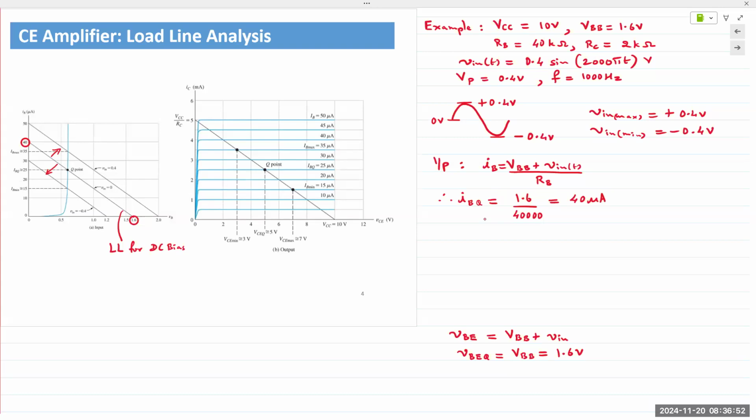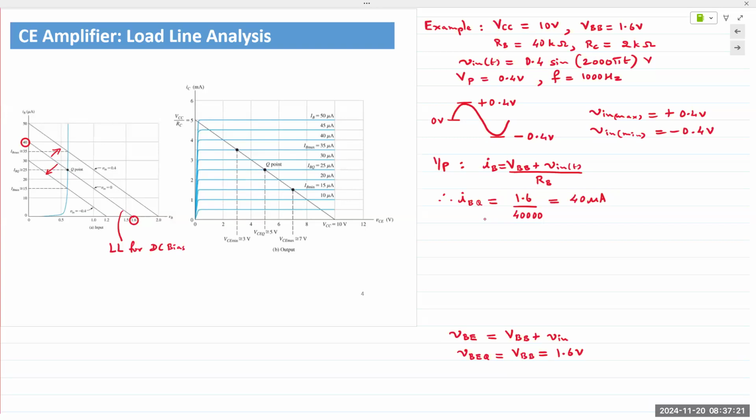We have our DC biasing voltage. We have a DC load line that is solely from the DC voltages VCC and VBB. Now, if you apply an AC input, at every instant in time, if you analyze a single moment in time, that AC voltage has a single value.